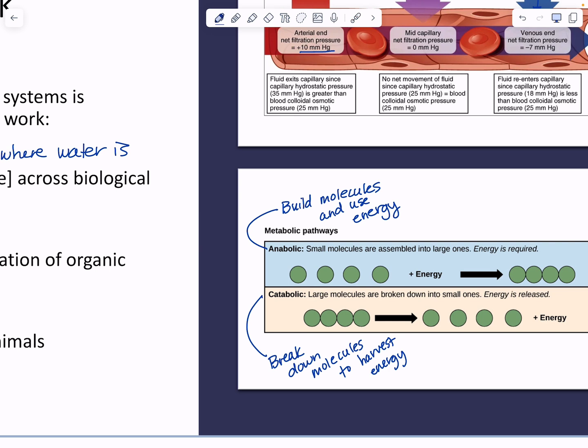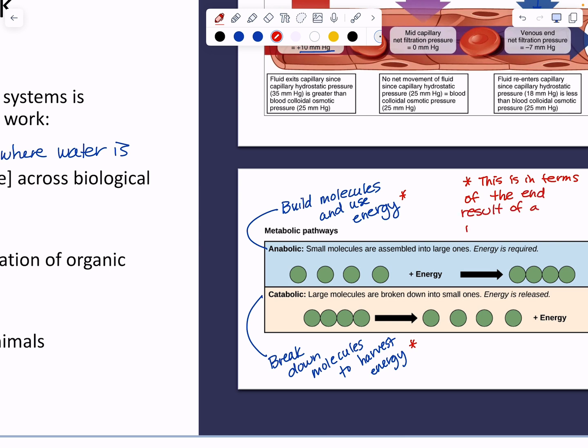So the important thing to remember is this is in terms of the end result of a pathway. Individual results may vary, as they say. Reactions along the way may require energy.